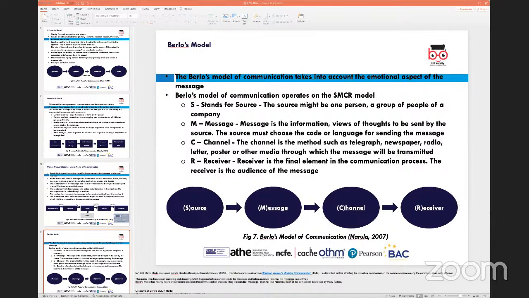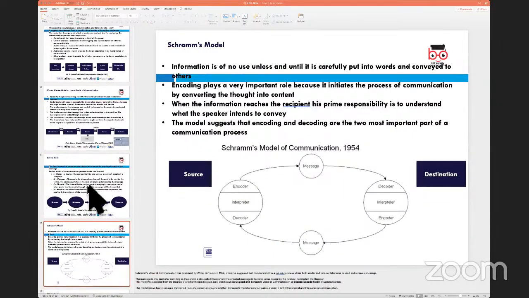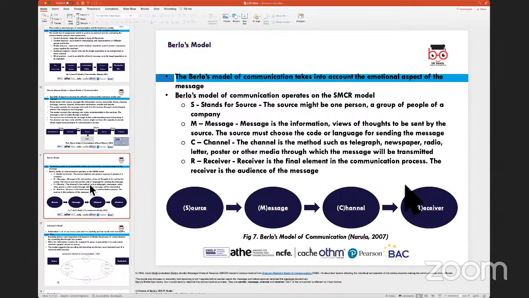And in addition to these 4 components, Berlo also recognizes that the influence of feedback and noise are important components of the communication process. So feedback tends to be when people respond or react to a message that they receive. I'll give you a practical example.